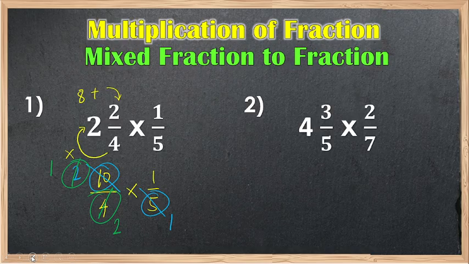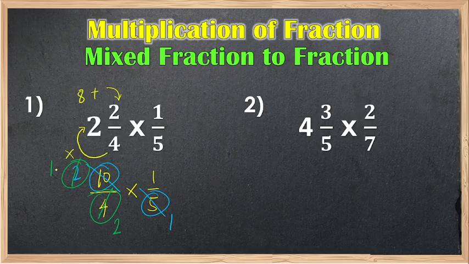So 10 becomes 2 because of the common factor of 10 and 5, then 2 and 4 has a common factor. So now we have 1 over 2 times 1 over 1.